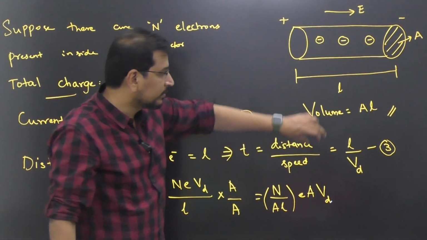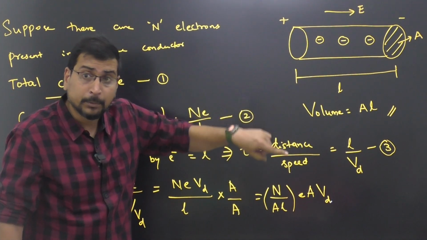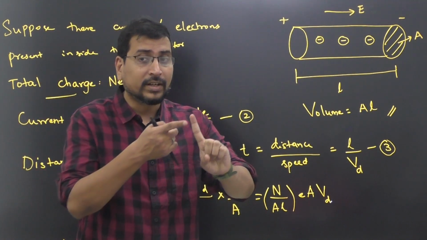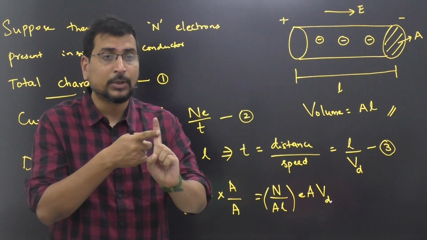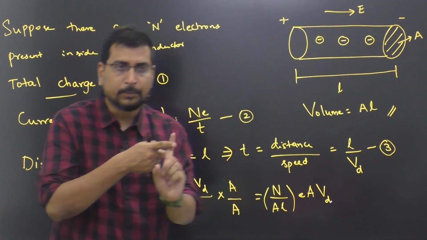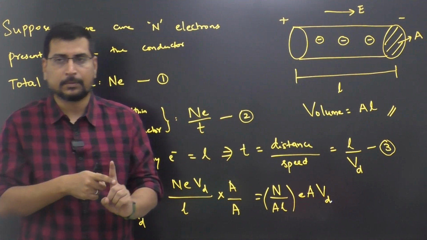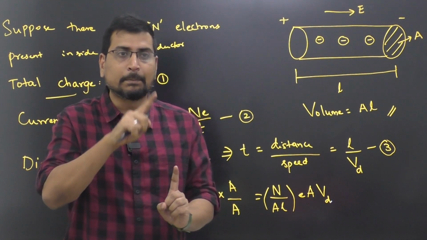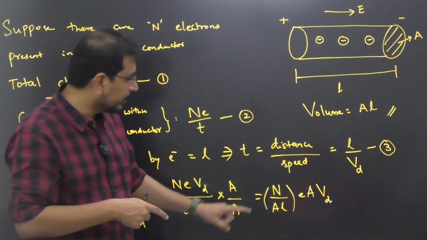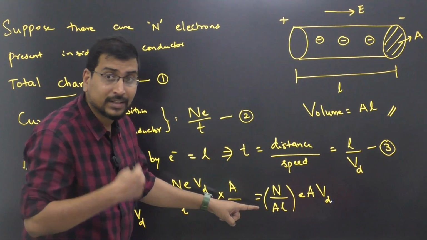So A into L is volume. Capital N is the number of electrons. Listen to this very carefully because I'll be using two terms. One is number of electrons and I'll be using something called number density. So for number of electrons throughout physics, you always use capital N. For number density, you always use small n. So here, the number of electrons per unit volume is going to give me number density.